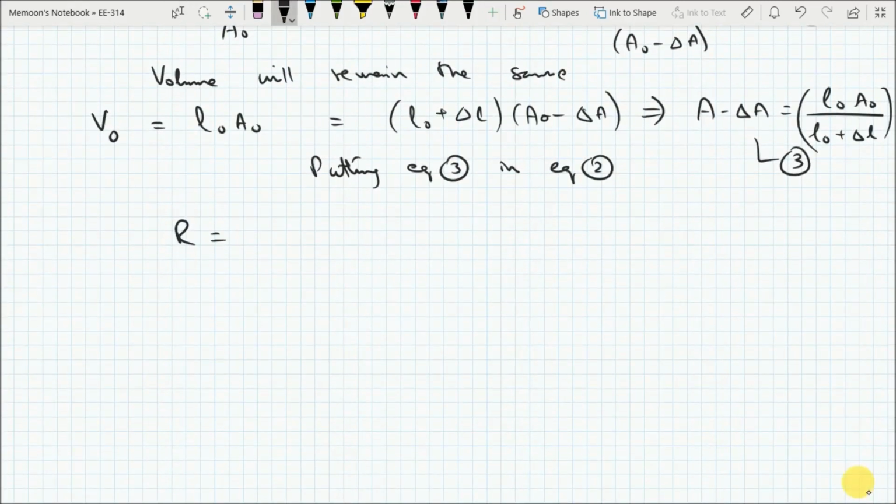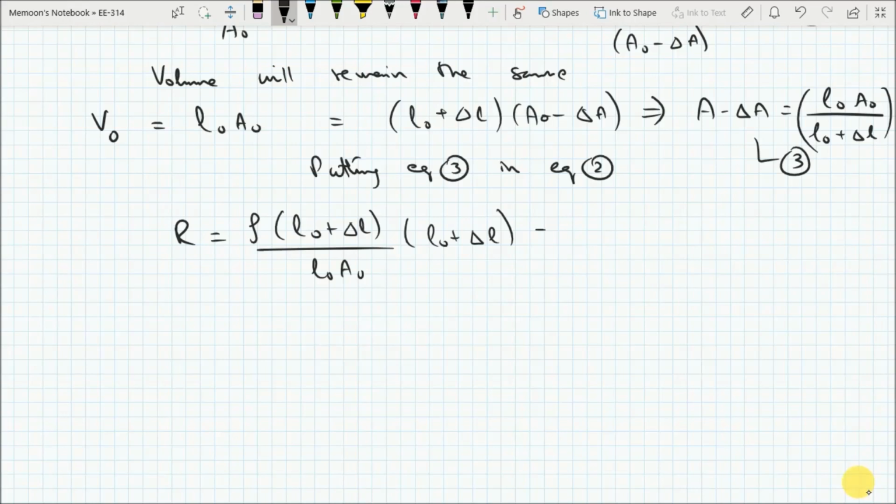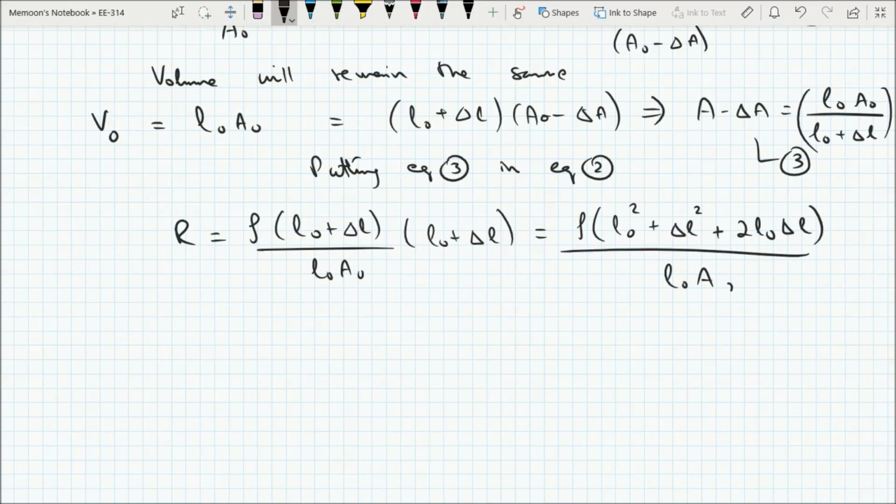R = ρ(L₀ + ΔL)(L₀ + ΔL)/(L₀A₀). If we expand this expression, it will be equal to ρ(L₀² + ΔL² + 2L₀ΔL)/(L₀A₀).